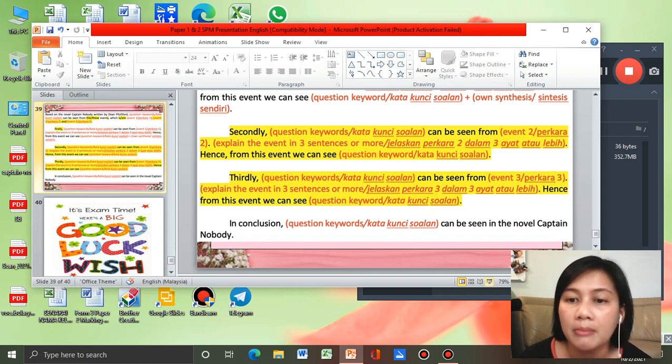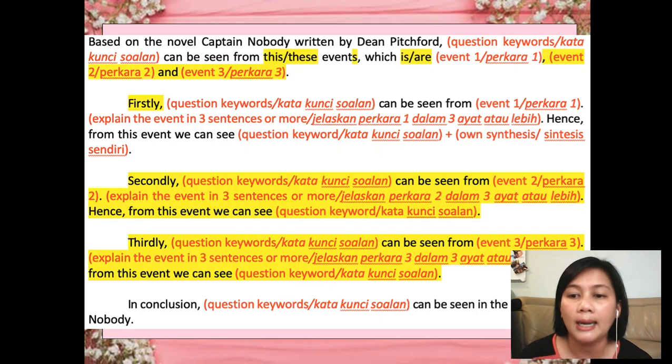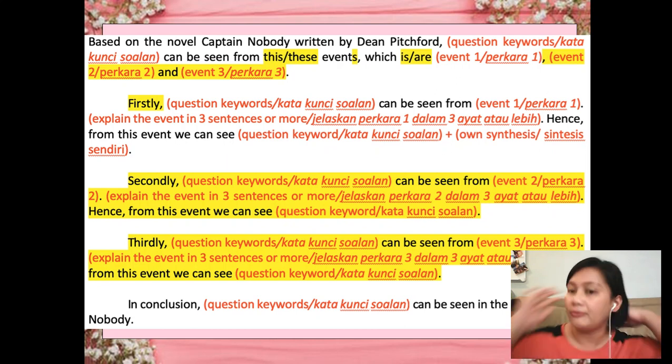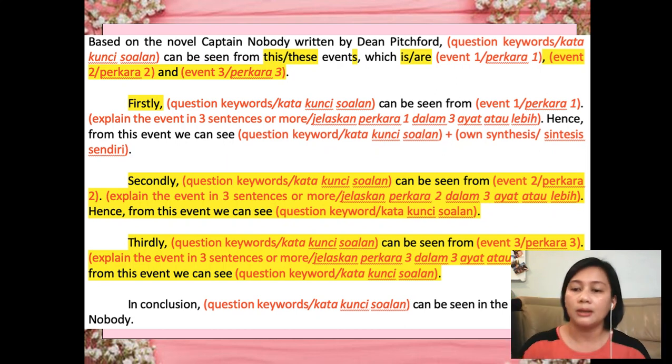Okay, please remember you need to highlight the question first before you answer the question. Adakah dia meminta awak menulis tentang event? Adakah dia meminta awak menulis tentang moral value or lesson or apa lagi? Character? Okay, so please be reminded that you need to be careful when answering the questions.